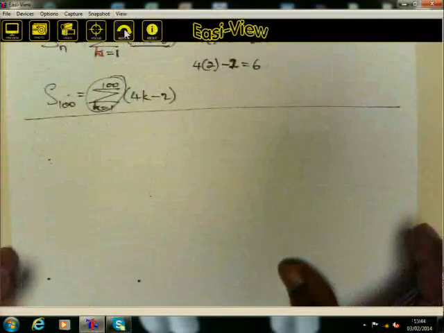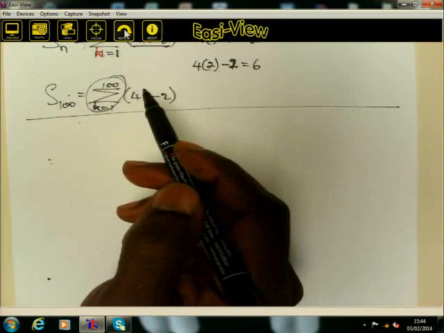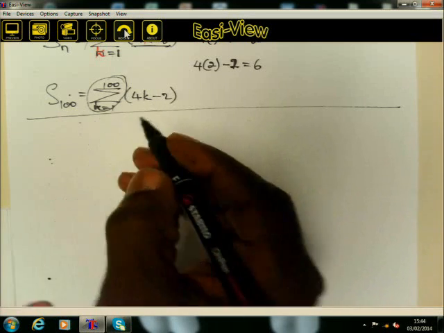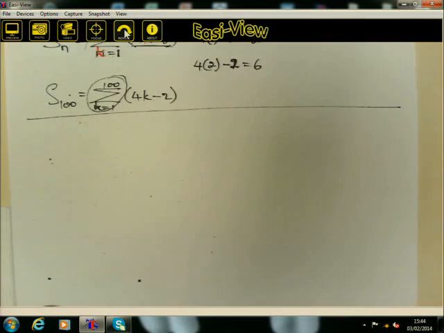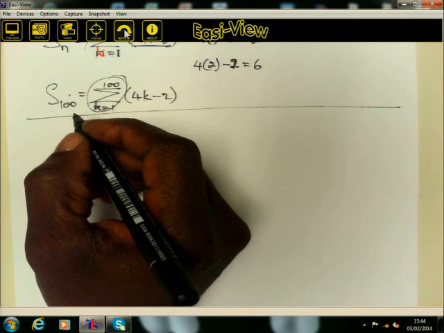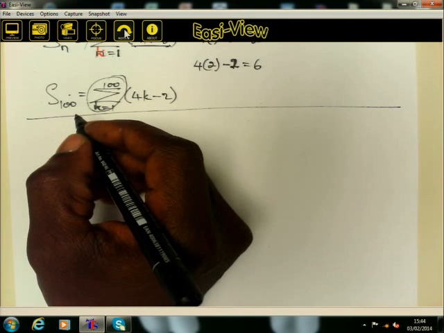We need to do that. Or you must be able to expand the sigma notation to a sequence, to a series. Now it means if we have the sigma notation, for an example, we want to write a certain sequence in a sigma notation form, we must be able to do that.